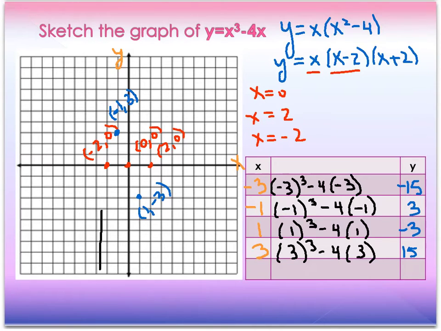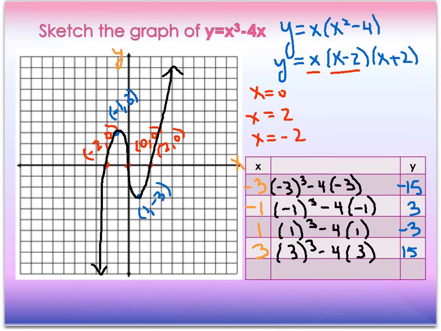We're going to start down here, go up, hit this point, which is in my table, come back down, hit this point, and then end up going back up. Again, remember, this is just a sketch, but since it's cubic, I can have 2 turning points, and I know that the ends will go in opposite directions. Since the leading coefficient is positive, I know that I'm going to start down low and end up on the right going up.